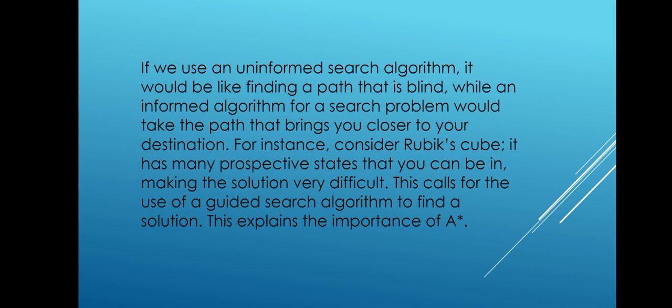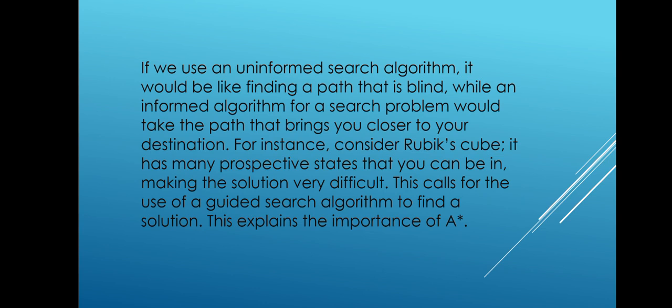If we use a uniform search algorithm, it would be like finding a path that is blind, while an informed algorithm for a search problem would take the path that brings you closer to your destination. For instance, consider the Rubik's Cube.